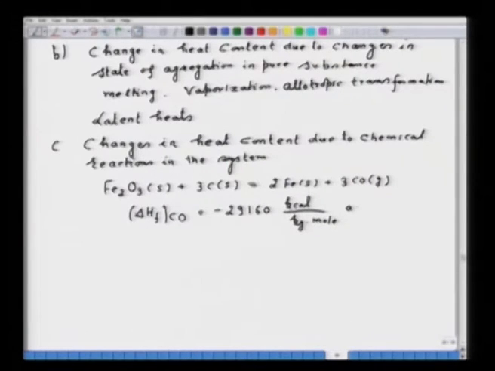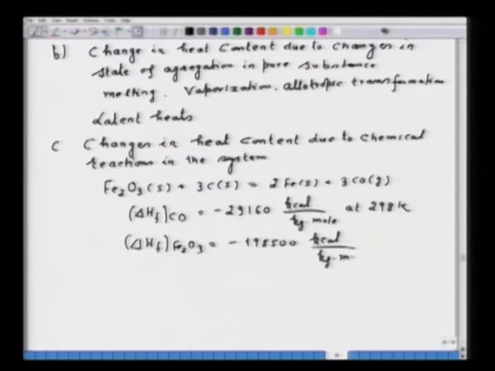Mind you, this value is at 298 Kelvin. Similarly, delta HF Fe2O3, that is equal to minus 198,500 kilocalorie per kg mole.